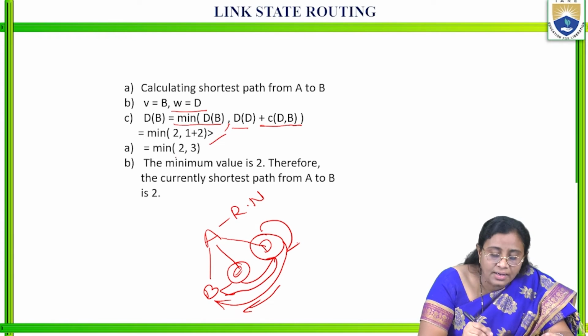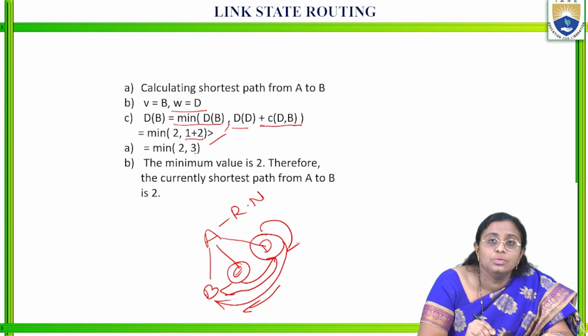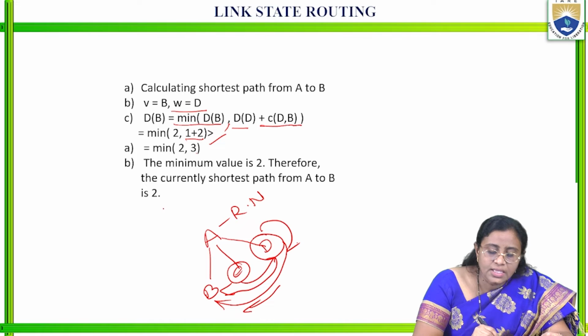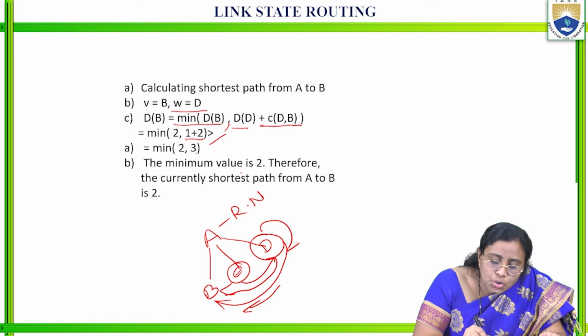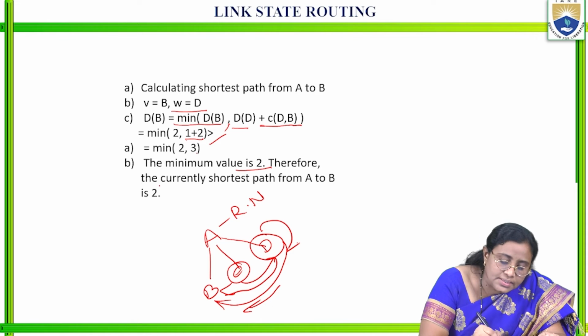Here 1 plus 2 is equal to 3. Hence, finally the minimum value is 2. Therefore, the current shortest path from A to B is 2.